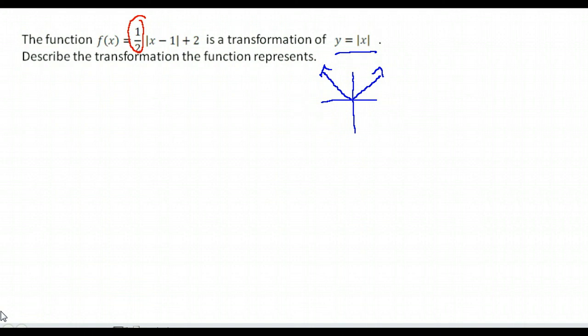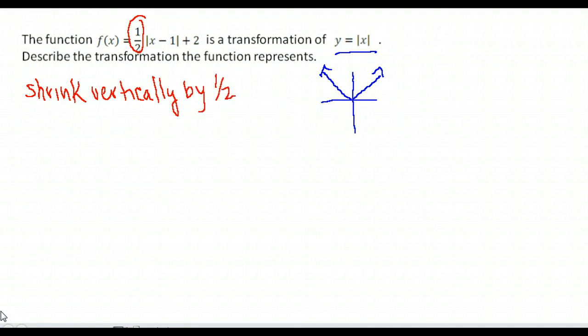Notice it's outside of the absolute value, so it's affecting the y values, or it's doing vertically. It's less than 1, which means it's going to shrink the graph vertically by a factor of 1/2. What you would do on your points is multiply all of your y values by 1/2.